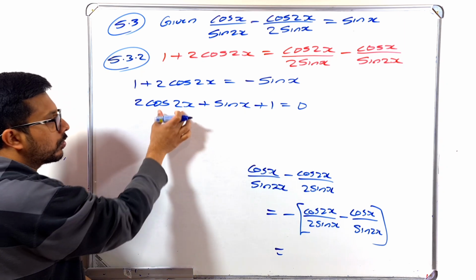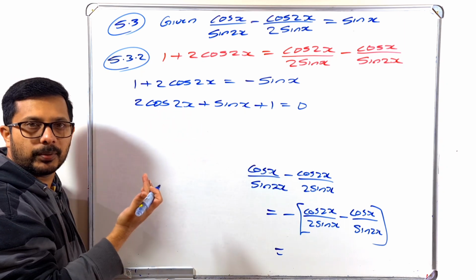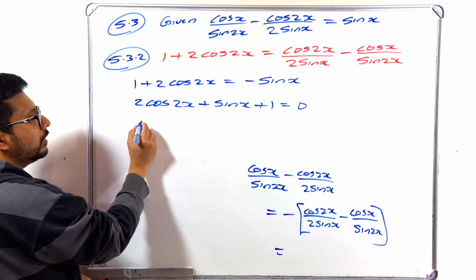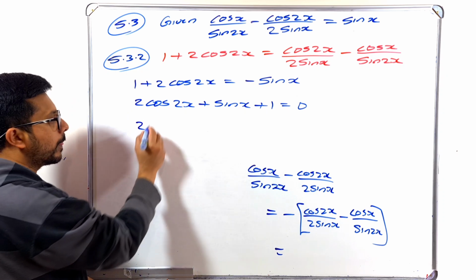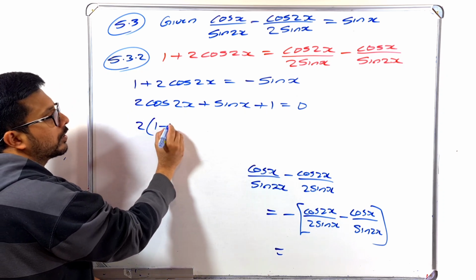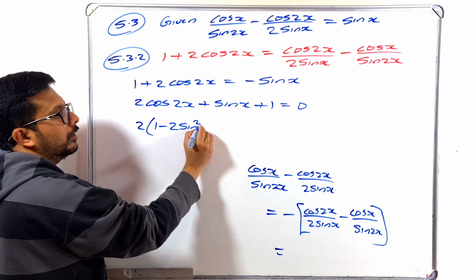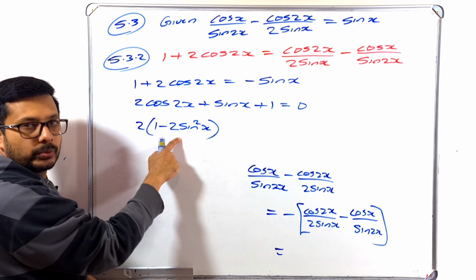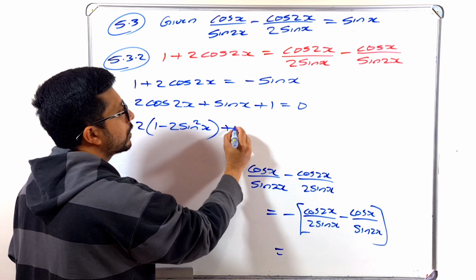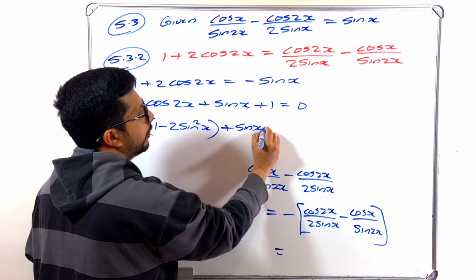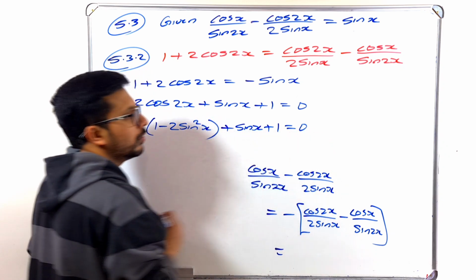This cos 2x, you already studied the double angle formula. In terms of sine, that is 1 minus 2 sin square x. Then plus sin x plus 1 is equal to 0.